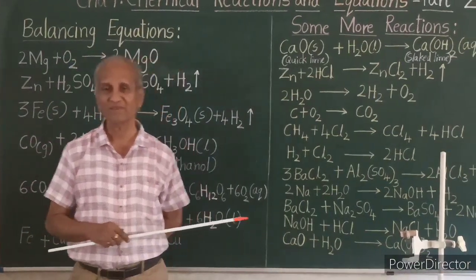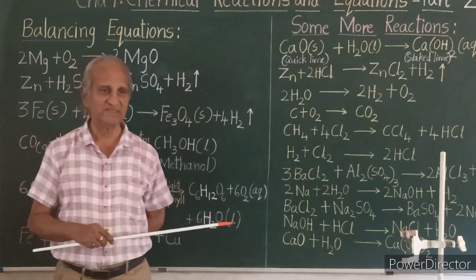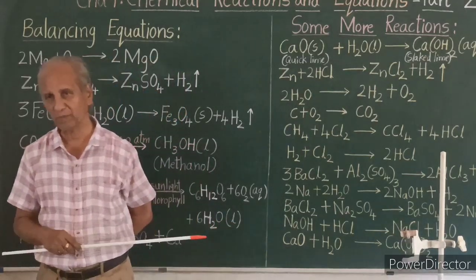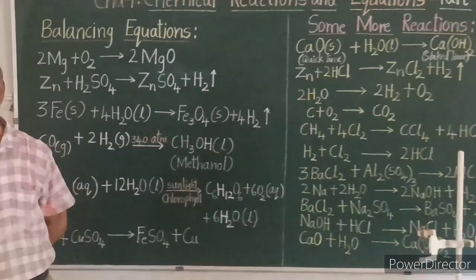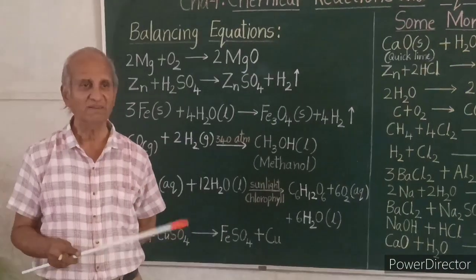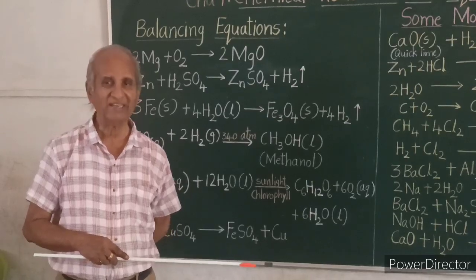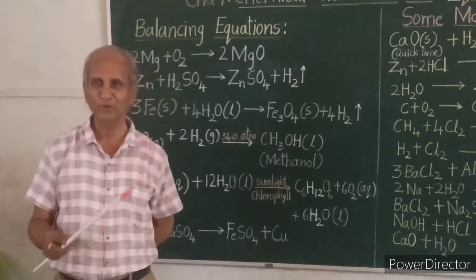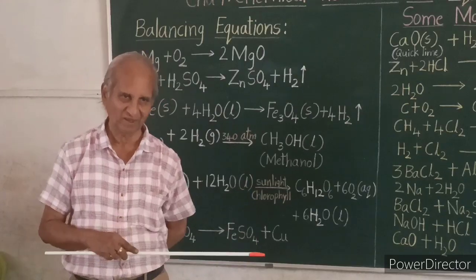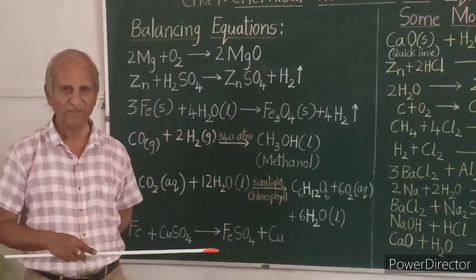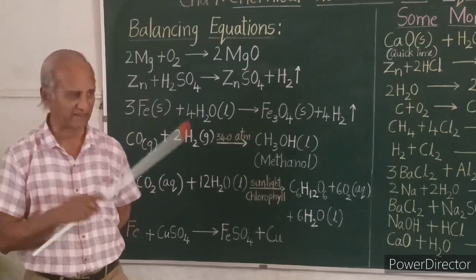Ice is solid, water is liquid, steam is gaseous, in the vapor form. So solids are written with the symbol small s. Liquids are written using the letter L. Gases are written using the letter G. When I write this, it should be in brackets.